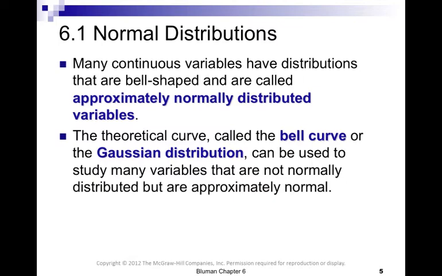Things like height: if you drew a curve for height, most people are probably about this height, and then you get those that are really tall over here and really short over here. The curve where most of your people fall right in here is a bell curve, or Gaussian distribution.